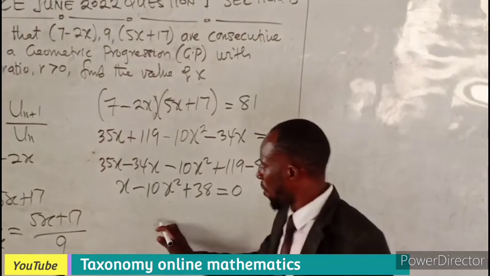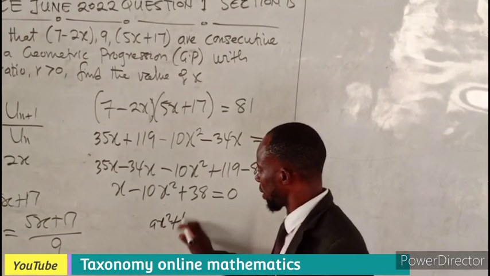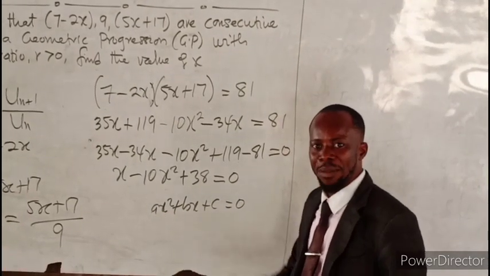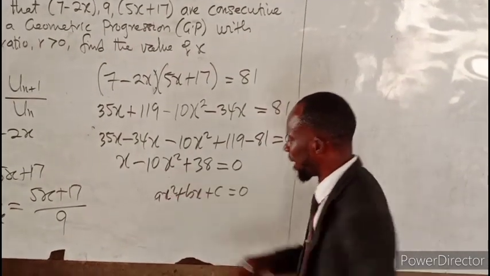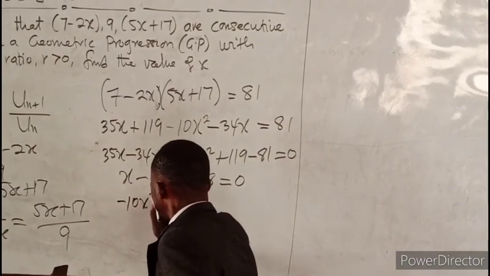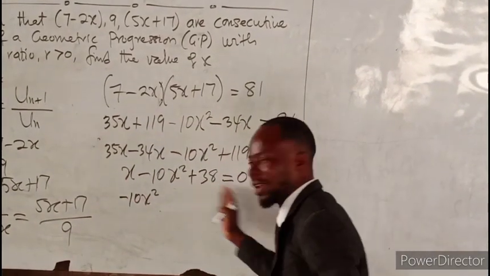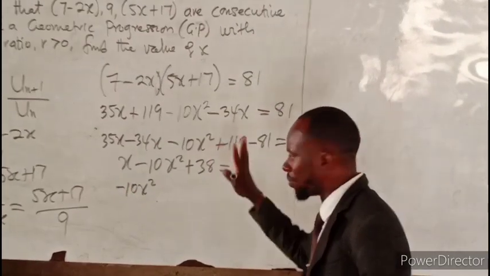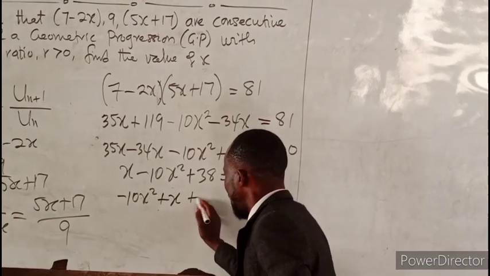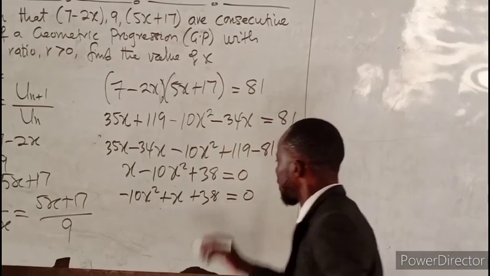A quadratic equation is in the form ax squared plus bx plus c equals 0, meaning the x squared must come first, and we are seeing it in the middle term. So right away, minus 10x squared. We are not moving any of them from any side to a different side, so they maintain their sign. So plus x plus 38 equals 0.